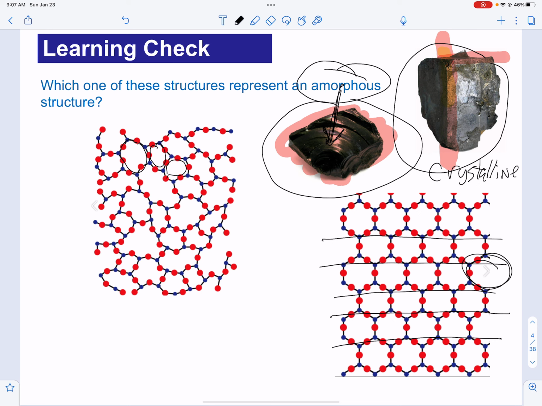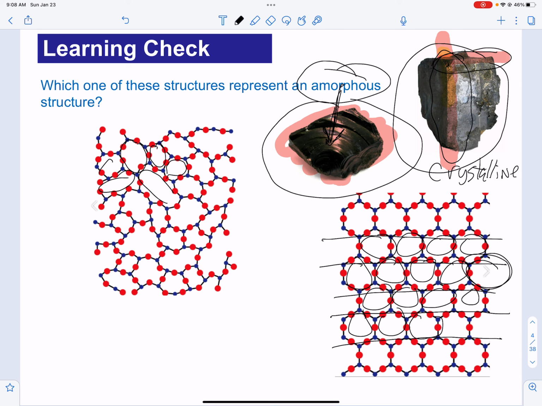You've got a bunch of different forms attached together, not like this one where everything is the same. So at the molecular level, the crystalline will have a very defined pattern. The amorphous will not have a very defined pattern. Having a very defined pattern means that you're going to see structures like this, where you have straight lines, 90-degree angles, and so on.